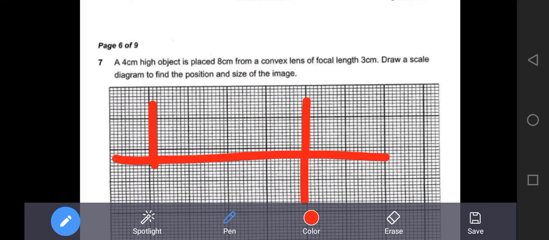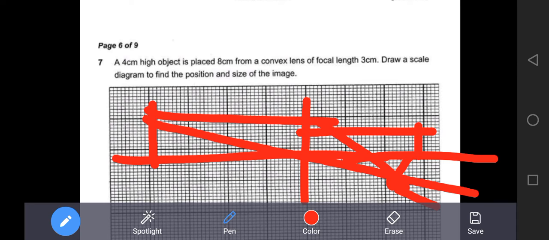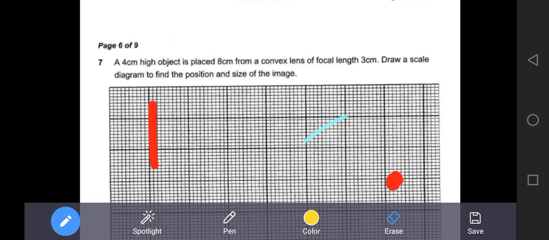We had the object there, it went through like so, then it went like so, and it met somewhere here. So you measure from the origin to where it is. So you measure from this part to there. This is the distance they wanted.